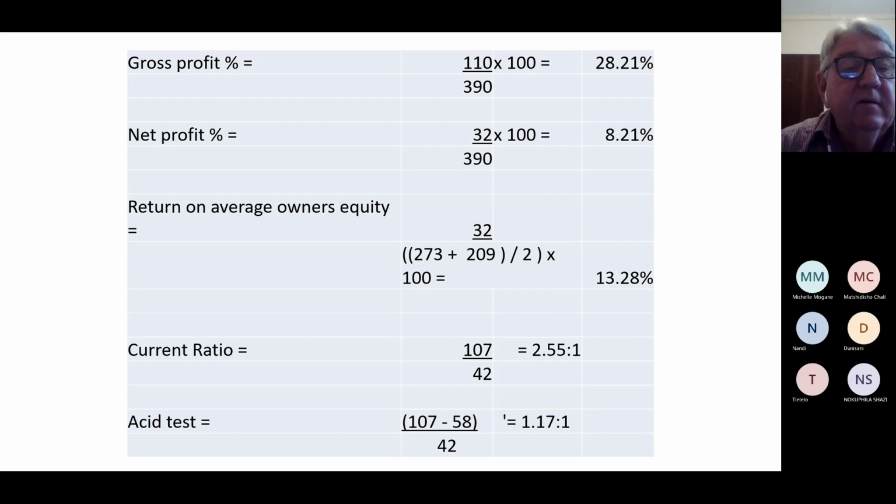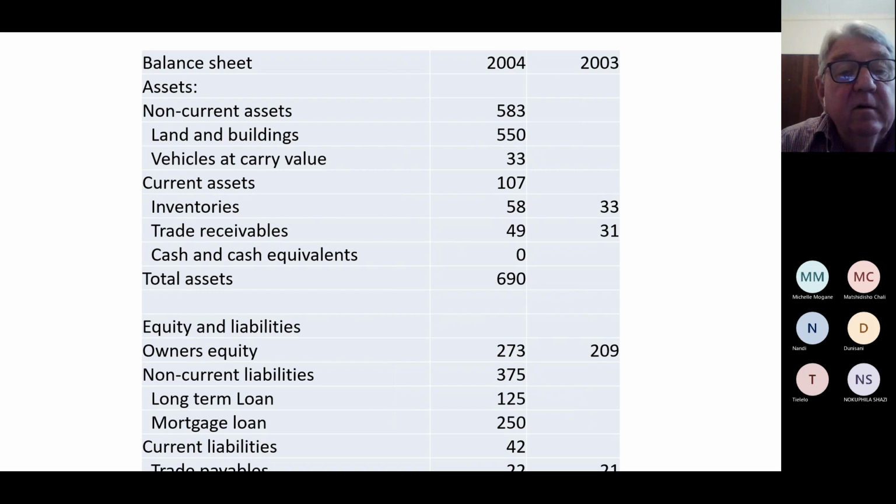Then we look at return on average owner's equity. There's the owner's equity, 273, and the previous year was 209. So you'll add them together, divide by 2.